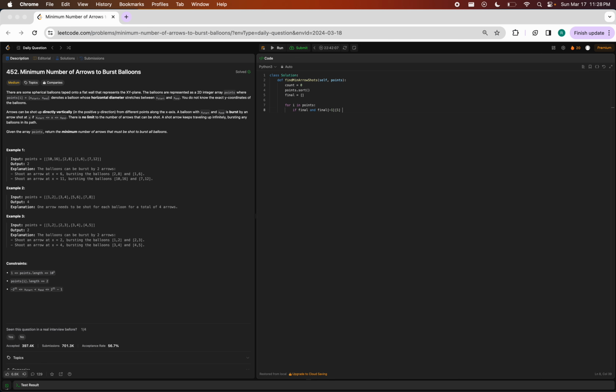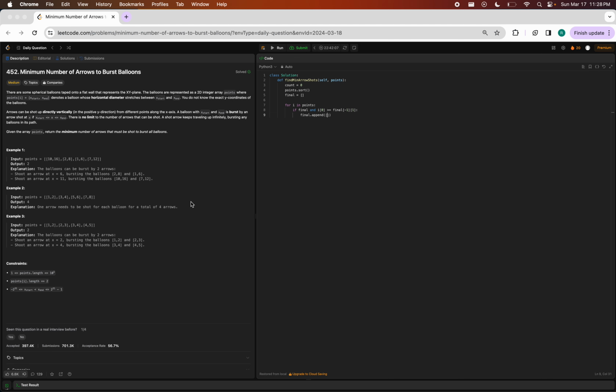The current point at 1 should be greater than or equal to the end of the previous one. If this is true, then we need to update the previous one. We can update the previous one, but we're just going to append a new one to final. So final.append, and it's going to be an array. So what do we want to append?